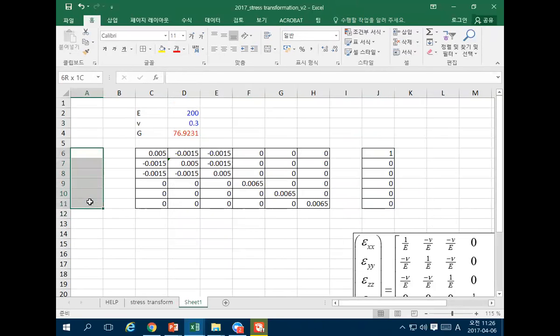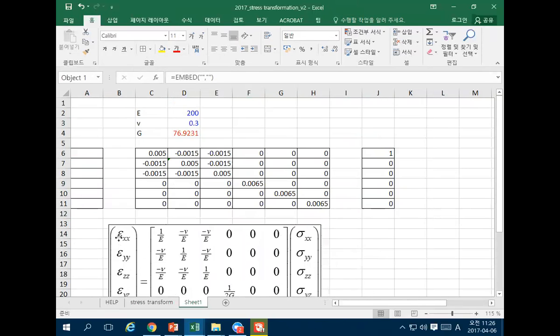And now we want to calculate a strain, how much the strain will have. To do so, what do we need to do? We need to multiply this and that. 그렇죠? 이놈을 어떻게 multiply 할까? First, we need to call this one as the strain.